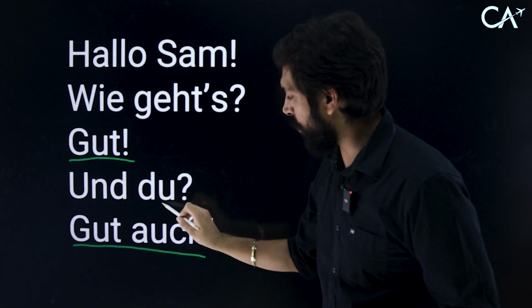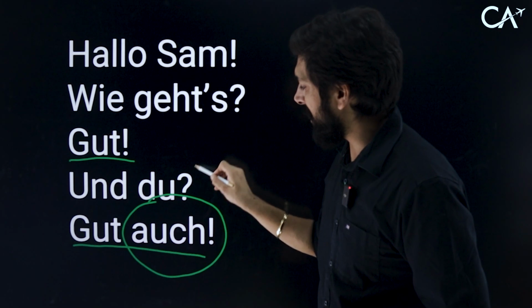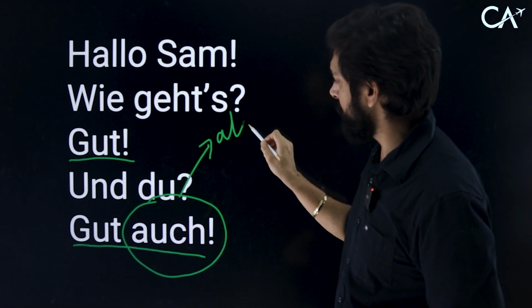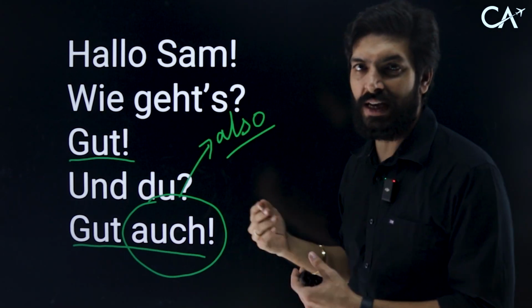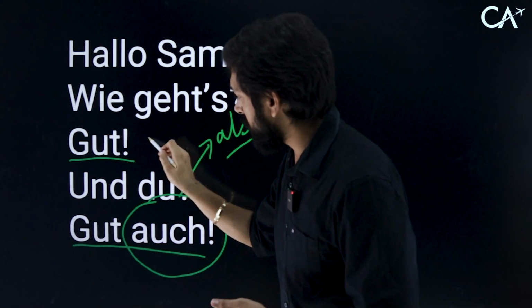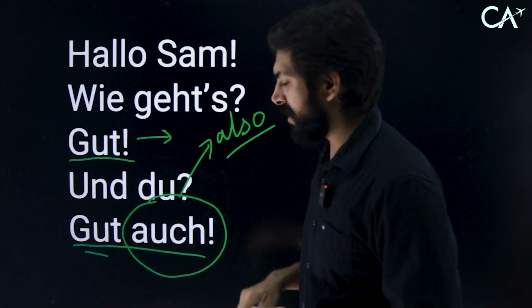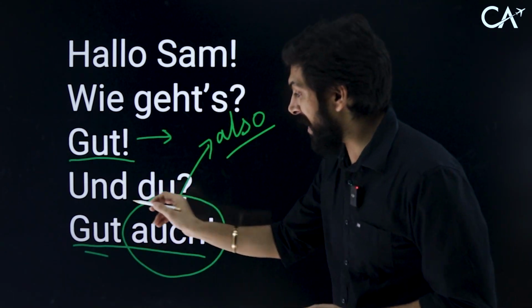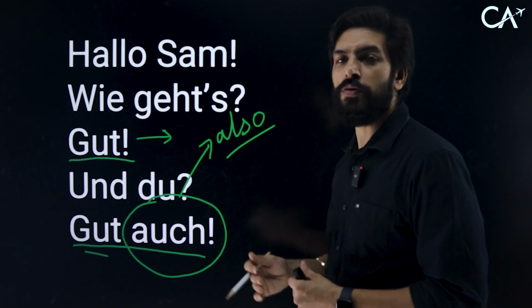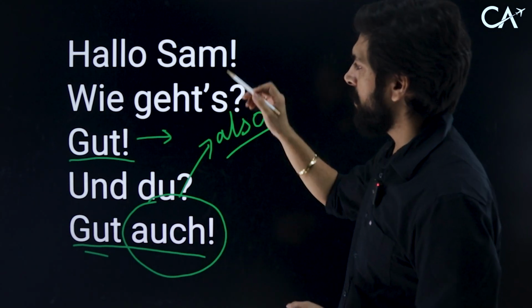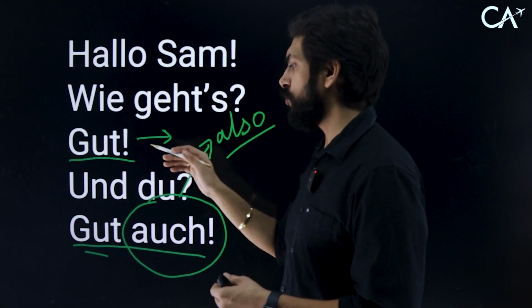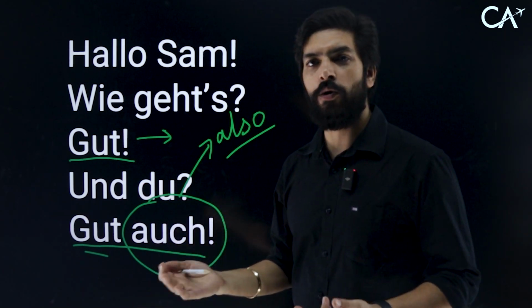Now what is this auch? Auch means also. As well, we also say in English. So gut is good. Auch is also. Because we ask them, and you? Good too. Good as well. So, hallo Sam, wie geht's? Gut und du? Gut auch.